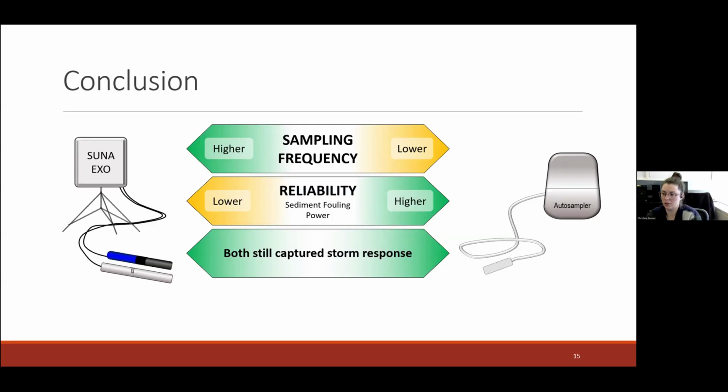So really pros and cons with both. But I think it is interesting to note that there are two pretty different collection methods, but both, especially at the high resolution site, showed that pretty rapid dilution recovery for nitrate levels, which is giving a bit of a perspective on what might be happening during storm events in the area.